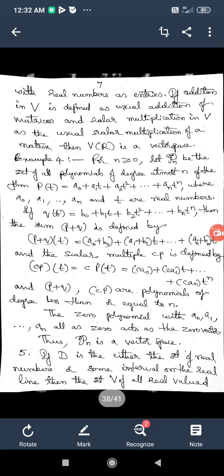And p plus q, and cp, are polynomials of degree less than or equal to n. We can see that p plus q has the same degree as p or q, or less, and cp is also a polynomial of degree less than or equal to n.